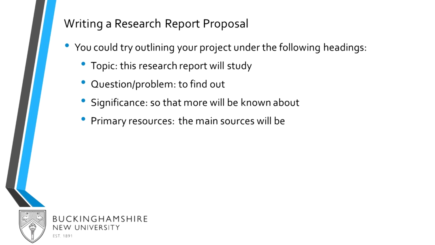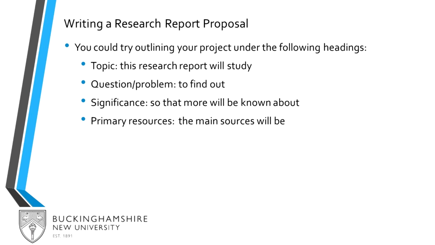Therefore, we recommend using the following headings to help frame your research proposal. The first one would be the topic, which is, of course, the area that your research report will study. And then the specific focus, the research question or the research problem, what you're trying to find out.